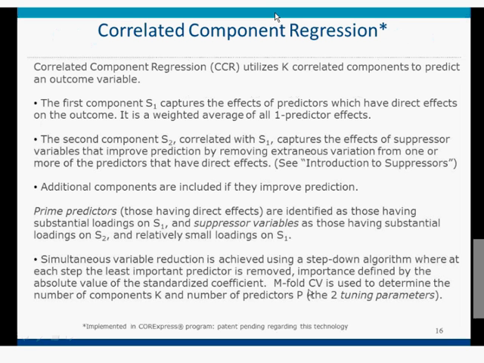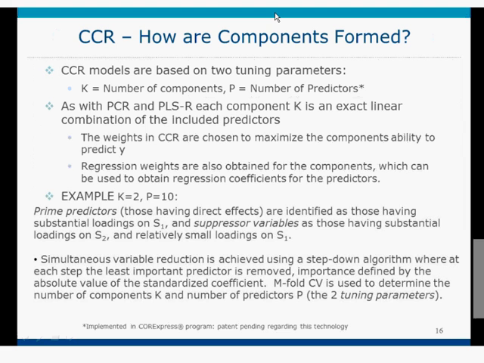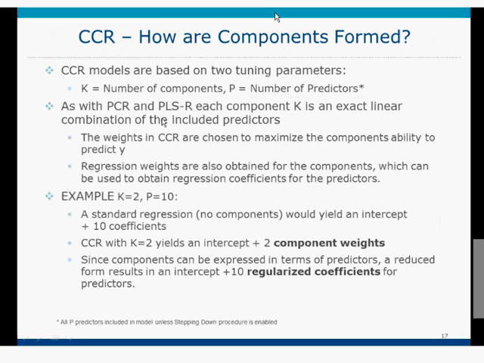M-fold cross-validation is used in CCR to determine the number of components and the number of predictors. So those K and P are the two tuning parameters. Now, this is an example here with K equal to 2 and P equal to 10.